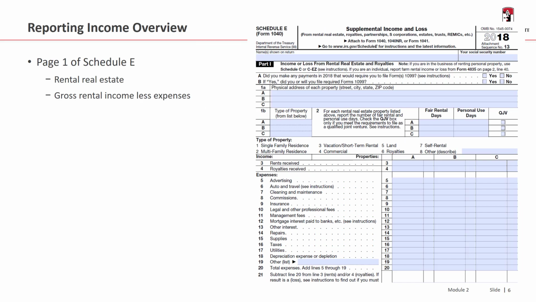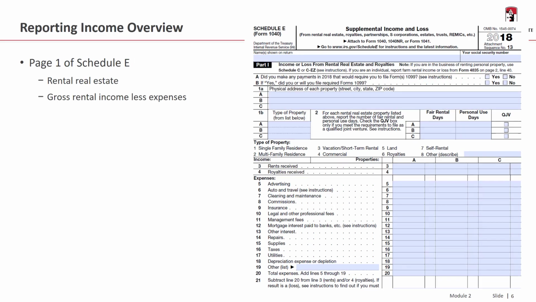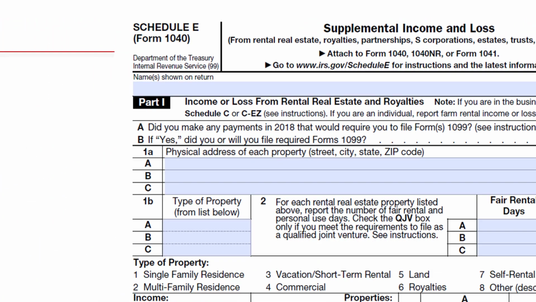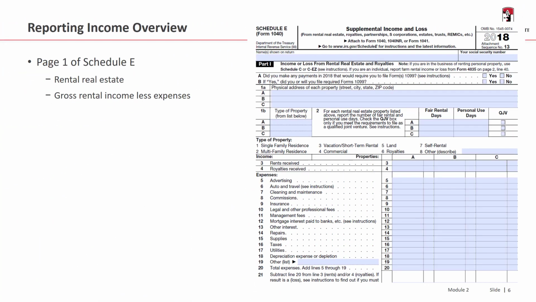Here's Schedule E, the supplemental schedule for a number of other types of business income. Here on the front page is income that comes from rental real estate. If you own rental property as an individual, not through some flow-through, you would record the income and the expenses associated with the production of that income here.